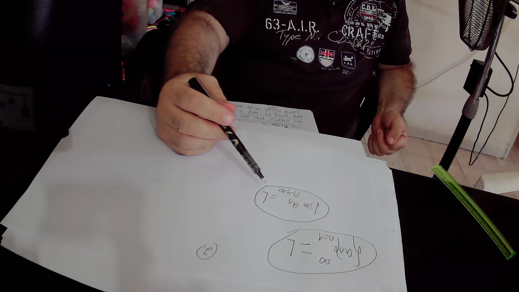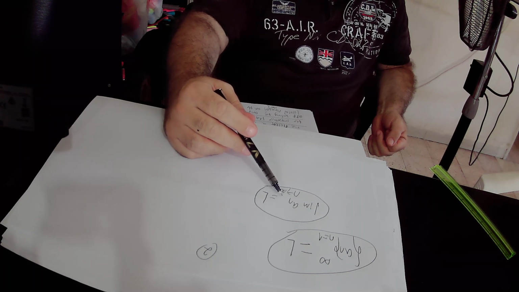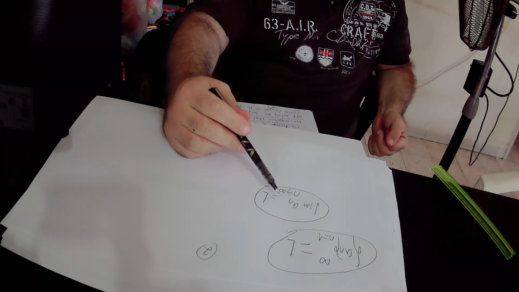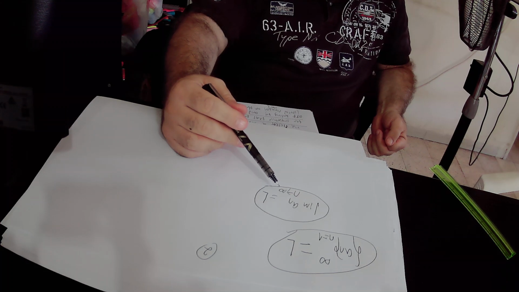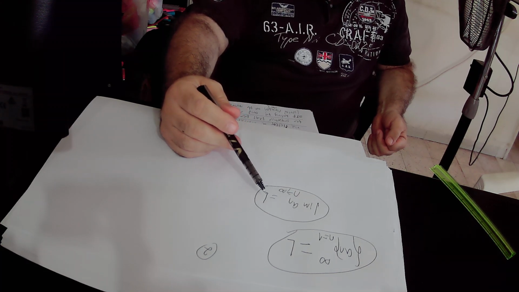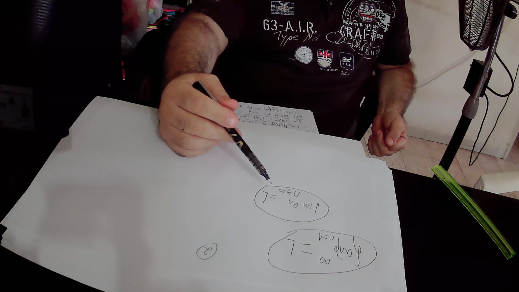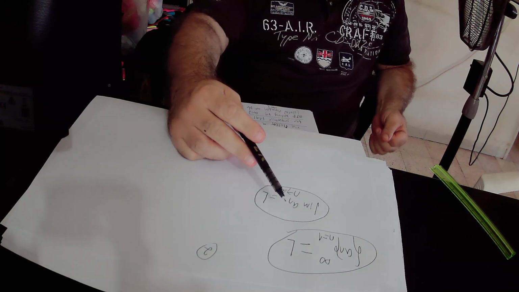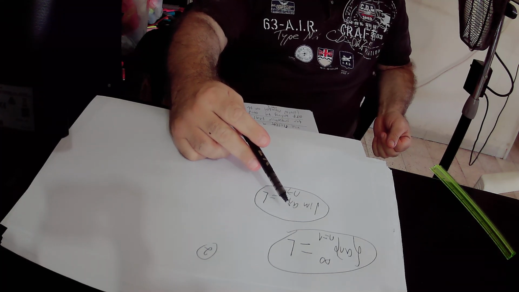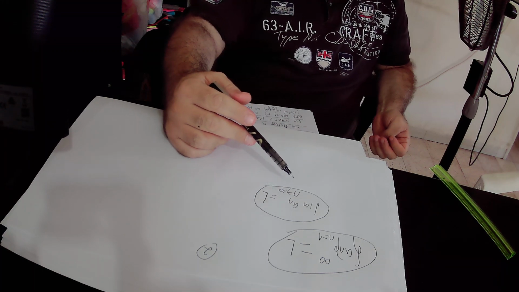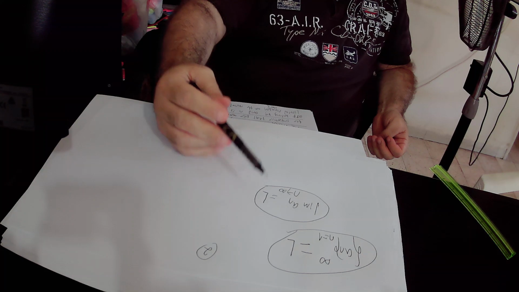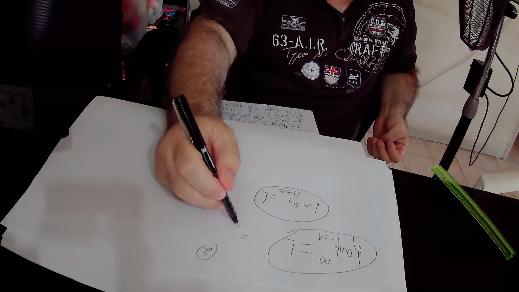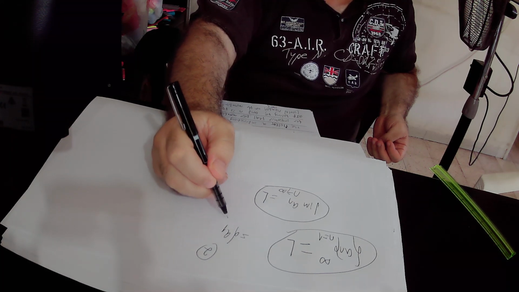I will repeat again that the letter a indicates the sequence that the members belong to, and n is the index of the sequence. That is to say, when n equals 1, we get a1, the first member of the sequence.